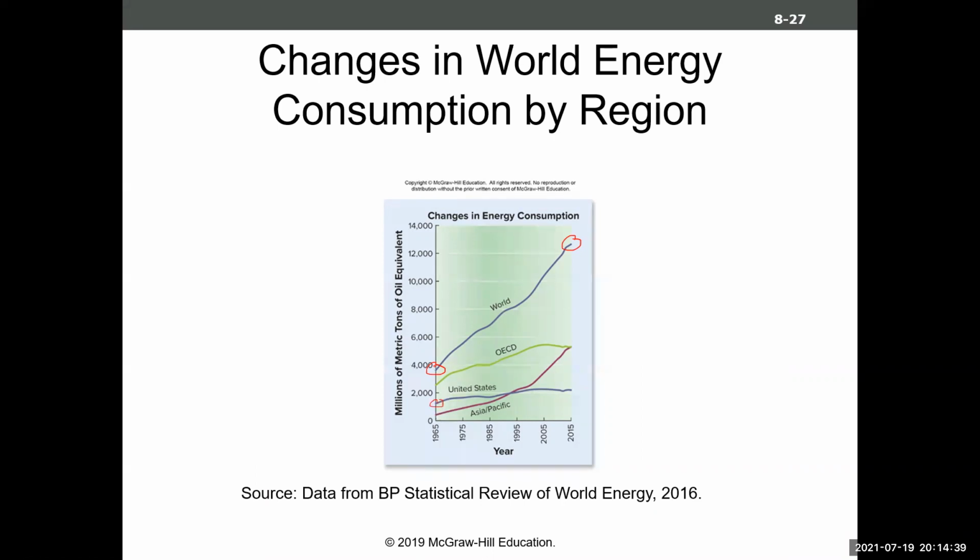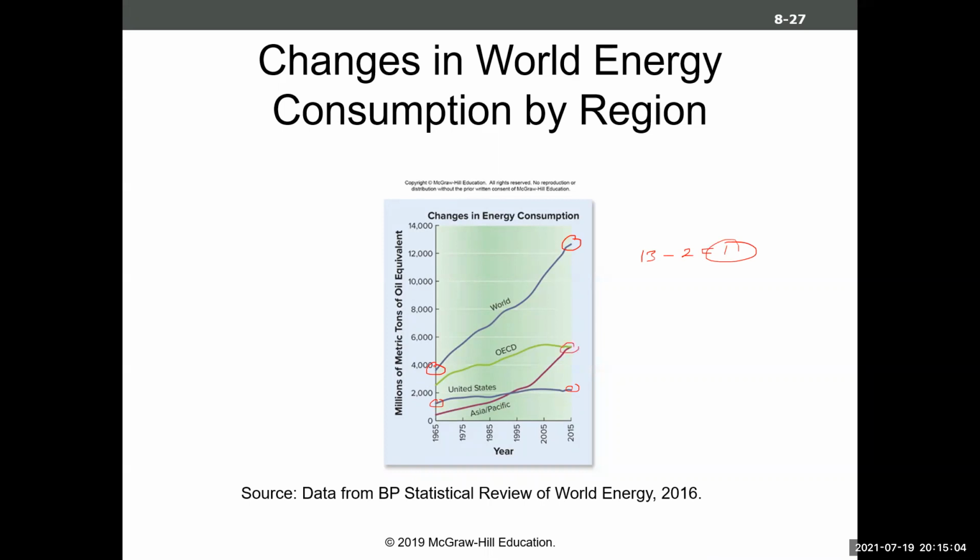Probably 1,500, somewhere around there, to slightly over 2,000. So out of 11 or 13,000, the United States is using 2,000, right? So 11,000 metric tons is left by the rest of the world. So we're a pretty good percentage of that.